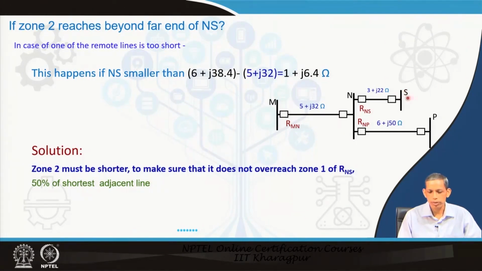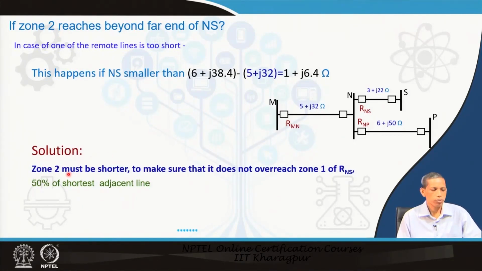Then faults in the sections beyond this will also be seen by this relay. So, before the zone 2 of the relay beyond S operates, this may also operate. That will be a conflict of interest, and this is not allowed.